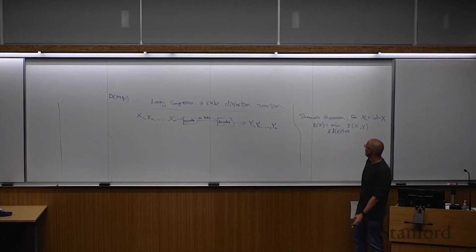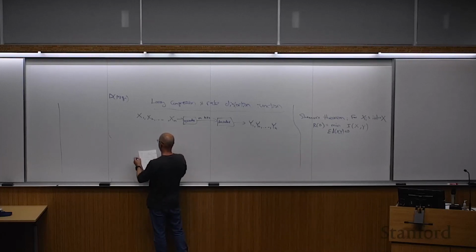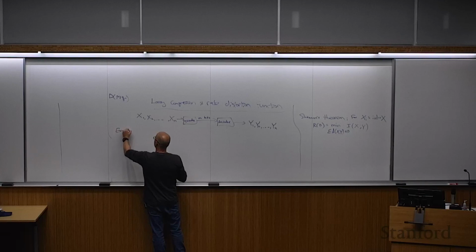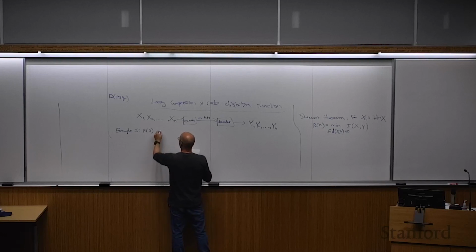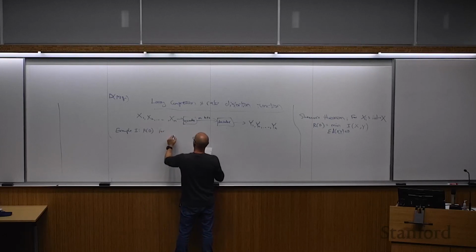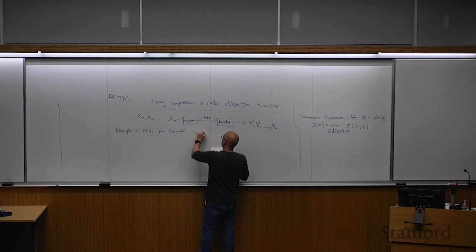And so let's look at one example, or let's say the first example is going to be the rate distortion function for a Bernoulli source.